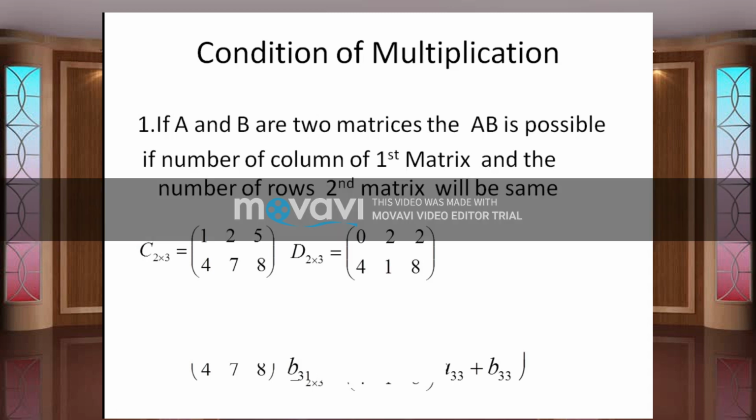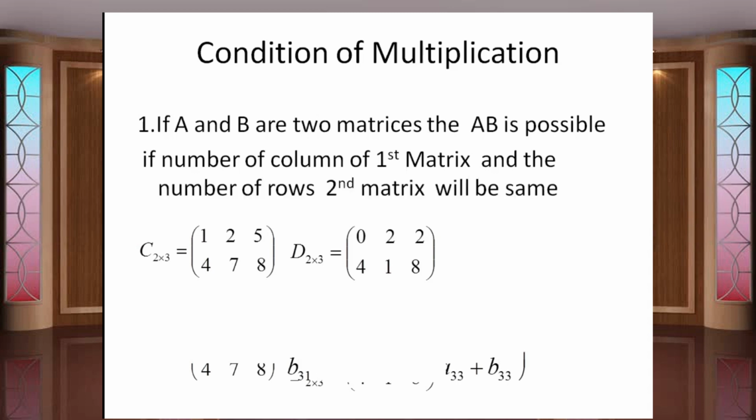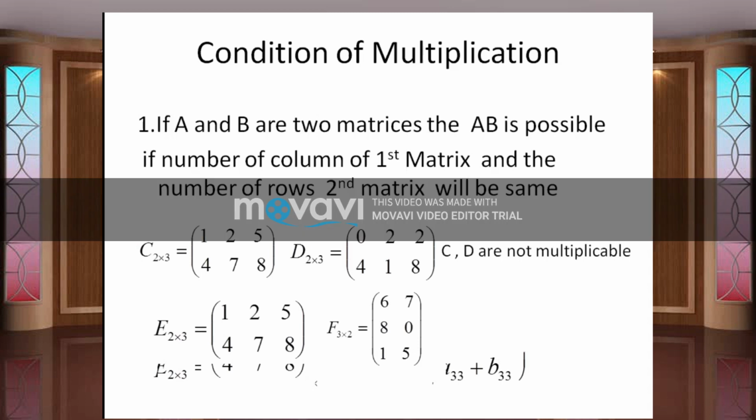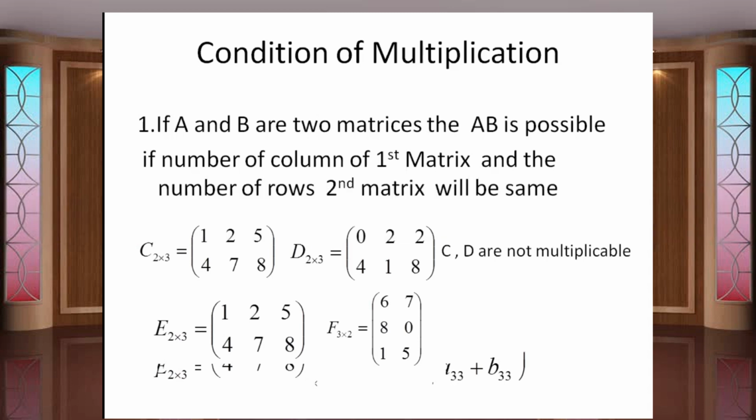The condition is that the columns of the first one and the rows of the second one must be the same. Otherwise it cannot be. That's why C and D are not multiplicable. Now look at another one. The number of columns of the first matrix is 3 and the number of rows of the second matrix is 3. Columns and rows are the same, that's why they can be multiplied.